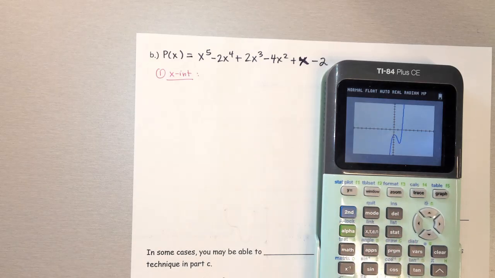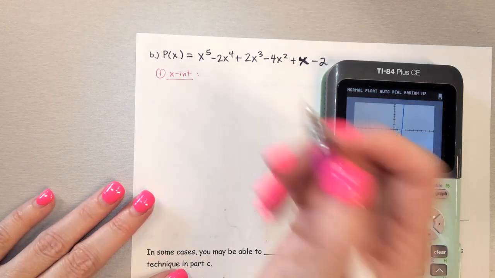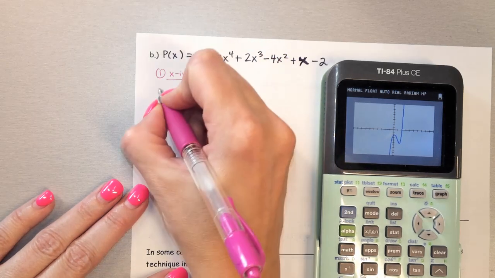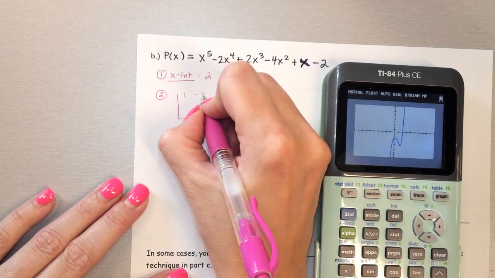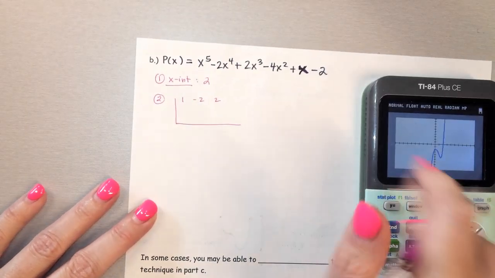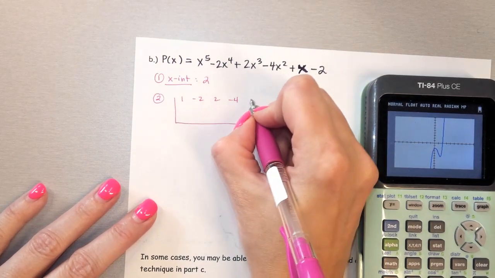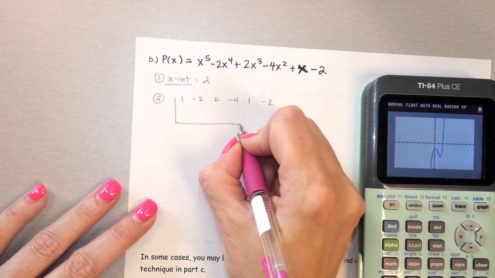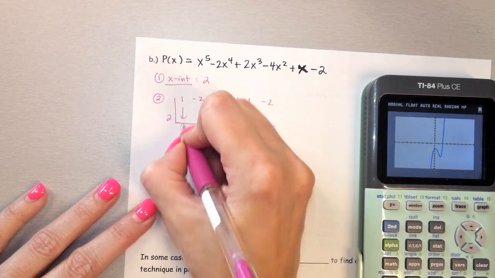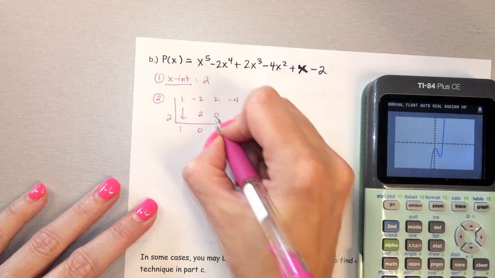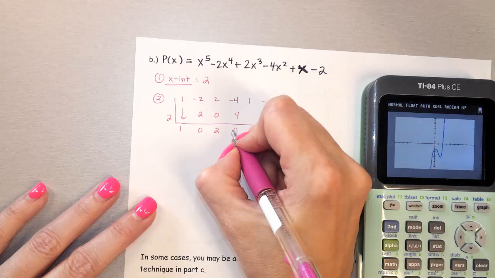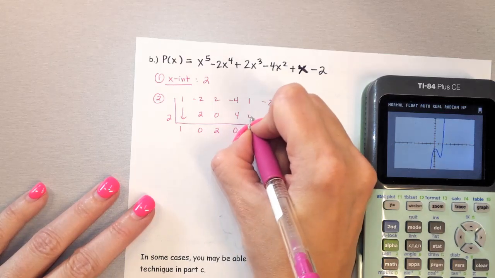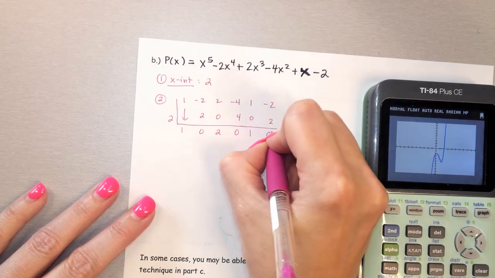What 0 did you write down as your x-intercept? 2. Okay, and then did we do synthetic division? So 1, negative 2, 2, negative 4, 1, negative 2. And then you had a lot of zeros that happen, right? Just make sure when you're doing this, you're double checking things as you go.